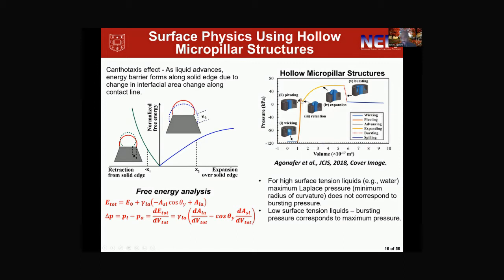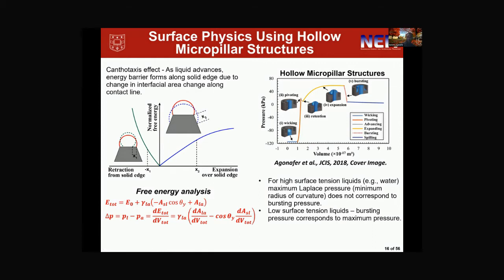Then this little pressure drop that you see here is the liquid forming a spherical cap on the top surface of the hollow micropillar structure, which then advances, and you get this pressure drop. Finally, the liquid is retained on the outer edge of the micropillar structure, and that's why you get this pressure increase, or pressure barrier. And finally, bursting or spilling occurs.